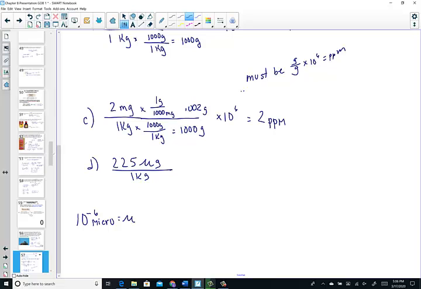So we've got to convert that into a gram. I know that 1 gram would contain 10 to the 6th micrograms. That's the bigger unit. 1 gram takes 1,000,000 micrograms to give me a gram. And of course here, kilo is the larger unit.